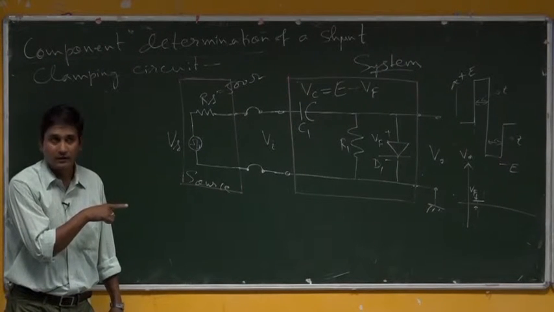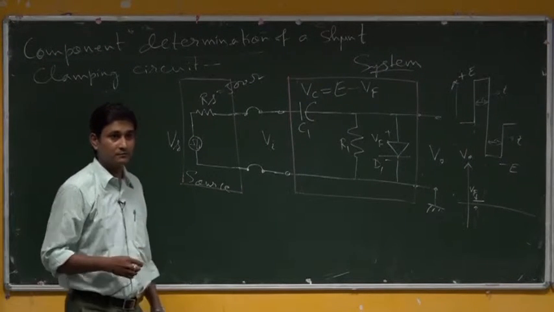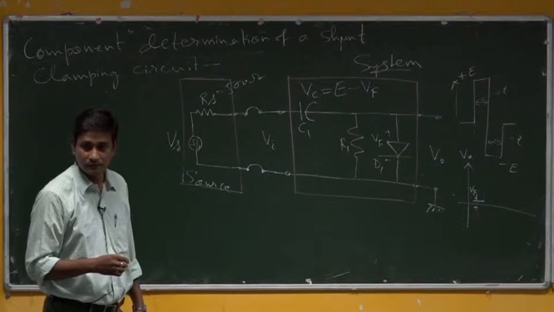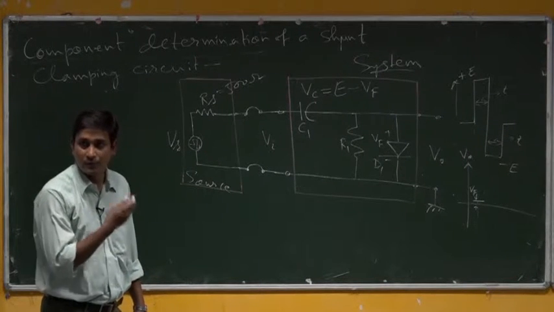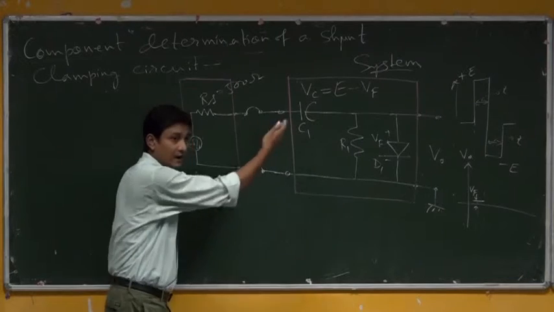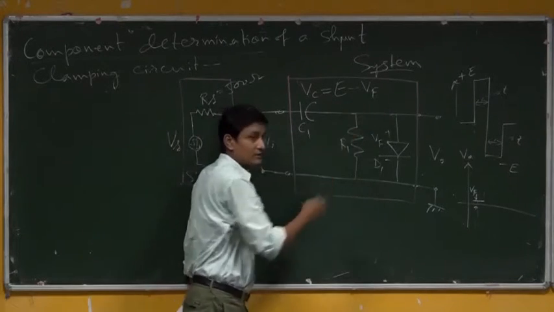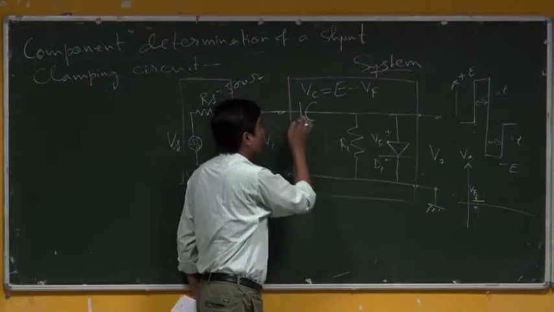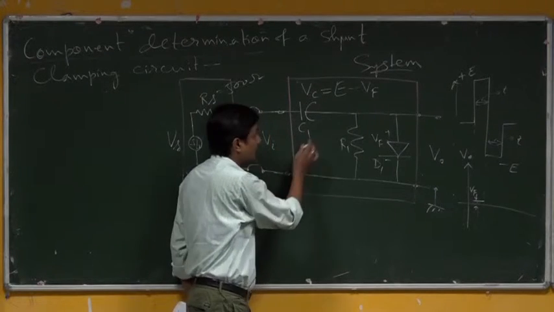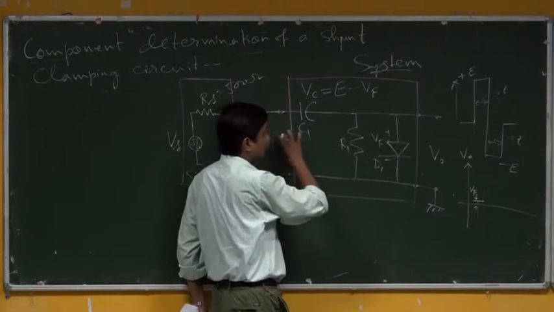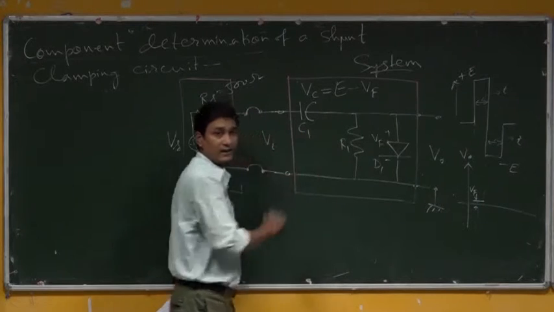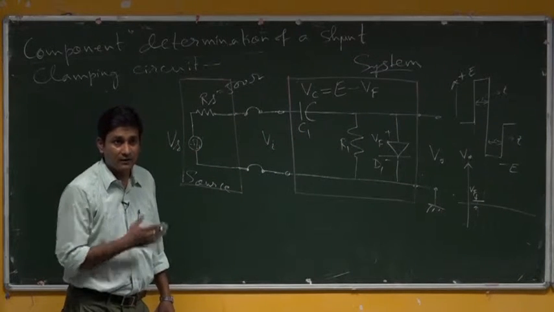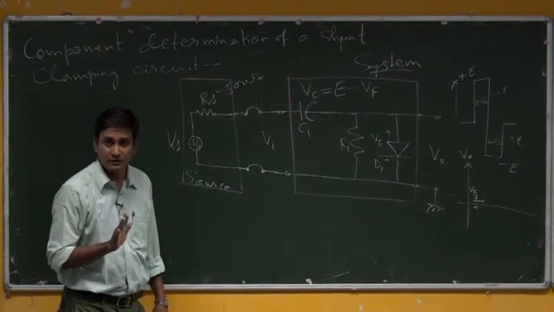Okay, is there anything remaining? Because the potential across the capacitor is not like earlier, where we considered E minus Vf: potential was applied there and some potential went here, so the total potential minus this potential came across the capacitor. But the scenario has changed here.